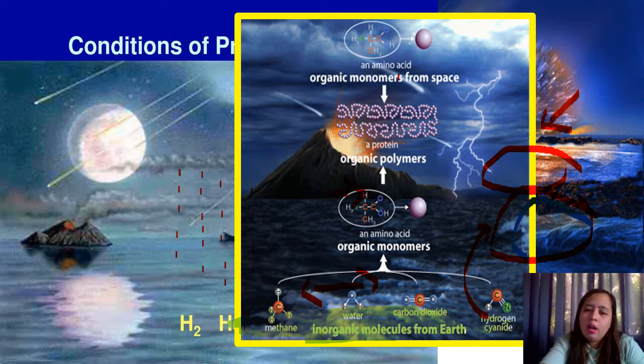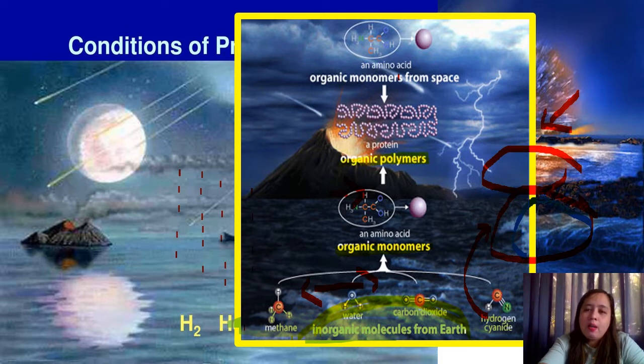So, there are a lot of inorganic molecules on our Earth, as said by the Oparin-Haldane hypothesis, and these inorganic molecules could accrete, come together, to form your organic monomers. These organic monomers, which are your amino acids, your sucrose, glucose, or your fatty acids, could give rise now to your organic polymers.